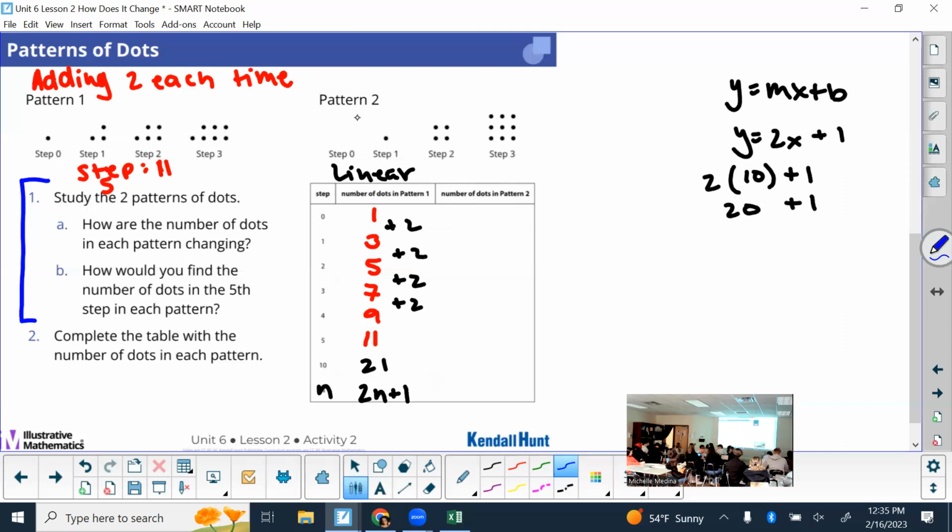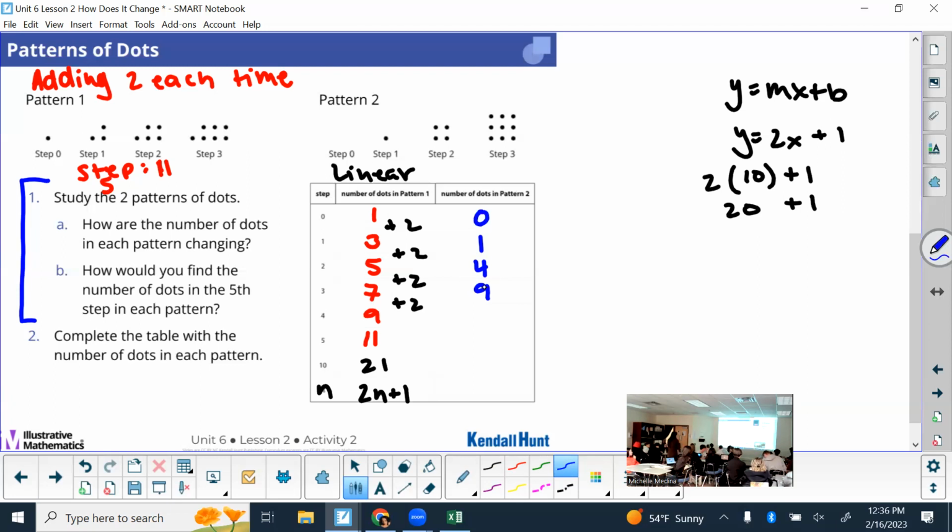Table 8, how many dots do I have in step 0? How many in step 1? Step 2? And step 3? Okay, so table 2, do you by chance know what it'll be in step 4?